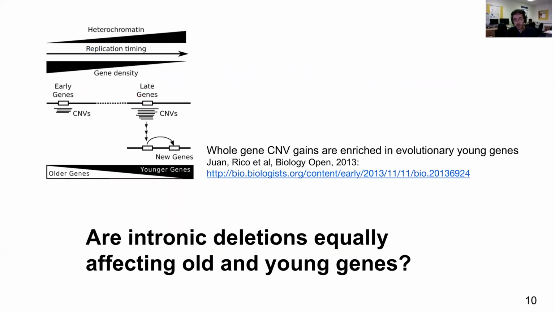So we wondered if these intronic deletions were equally affecting old and young genes, because at that time we didn't have enough resolution to distinguish intronic versus exonic or whole gene CNVs.